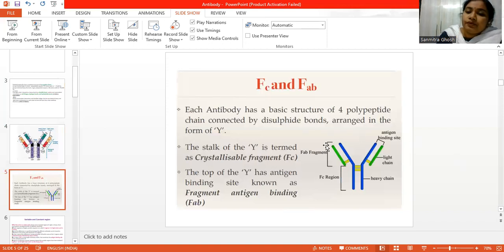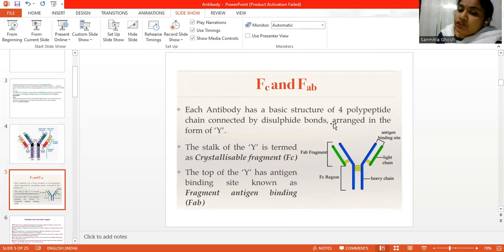And the topmost arms of this antibody, which look like the arms of the Y, are referred to as the fragment antigen binding, because this is the portion which is actually interacting with the antigen. So the Fc region has no role in antigen binding.